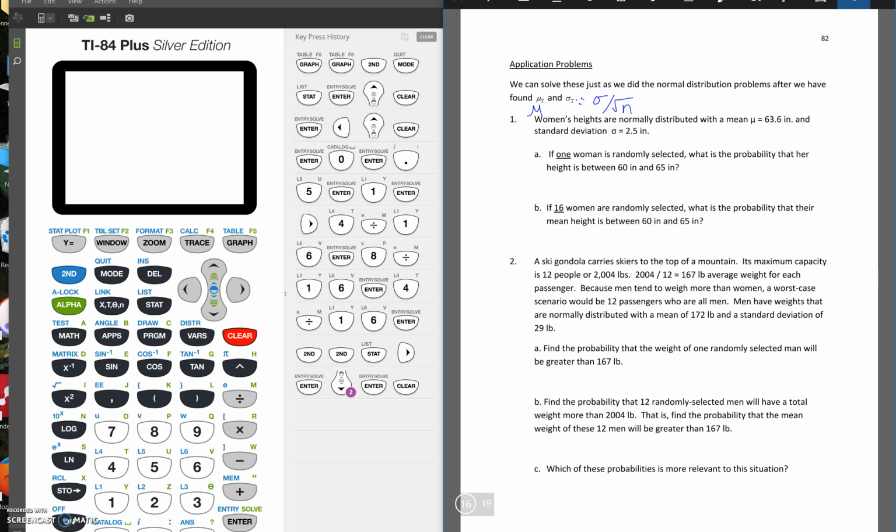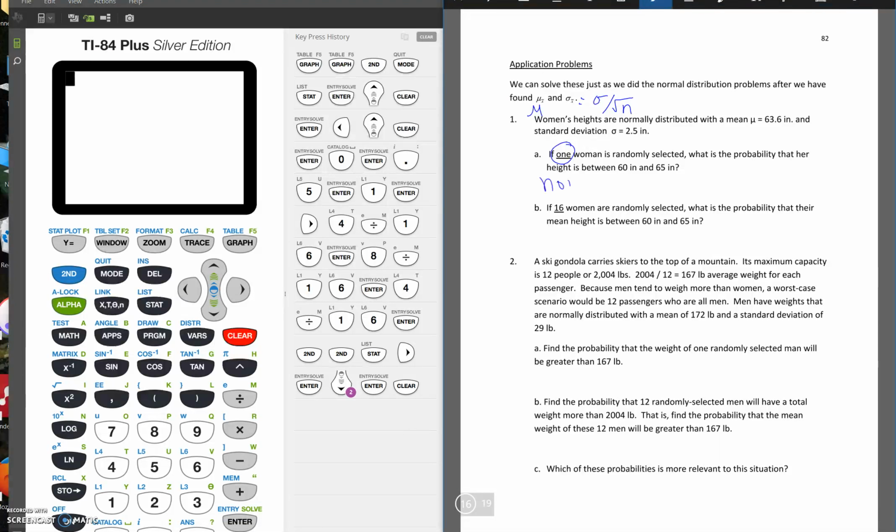Number 1 says women's heights are normally distributed with a mean of 63.6 inches and a standard deviation of 2.5. Part A says if one woman is randomly selected, what's the probability that her height is between 60 inches and 65 inches? Since this is just one woman being selected, this is just like we've done before.